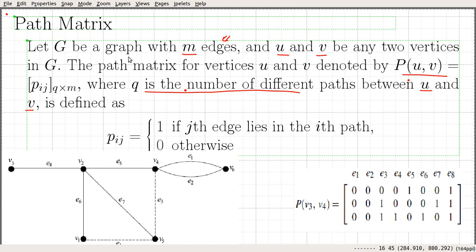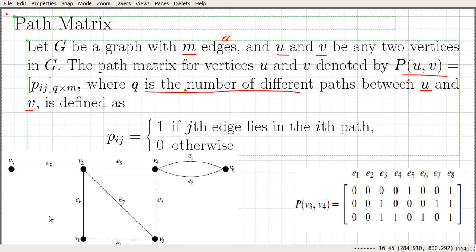The path matrix is defined with respect to any two vertices in the graph, denoted by capital P uv. So let's look at an example.